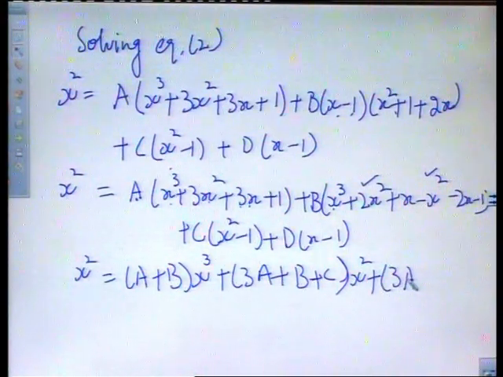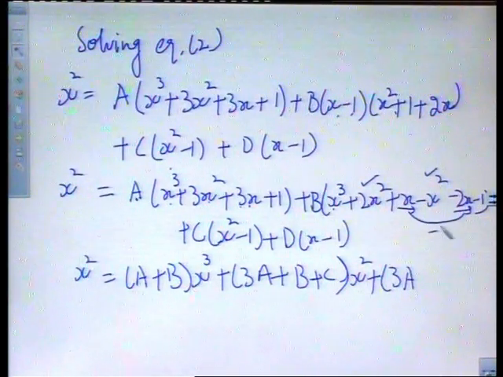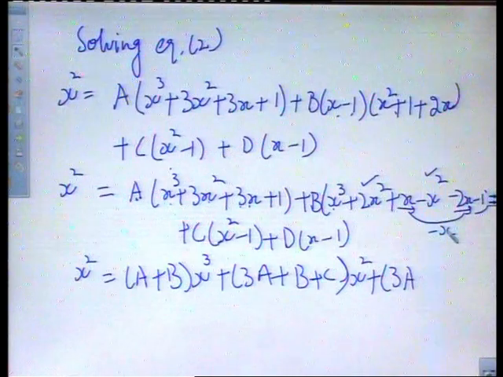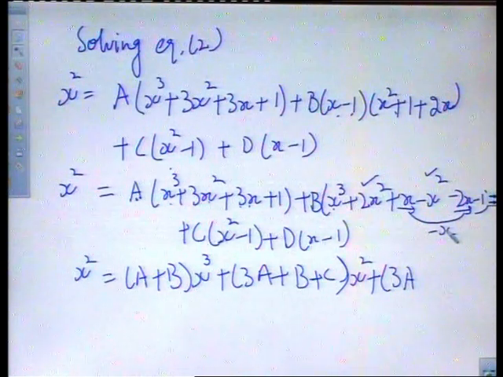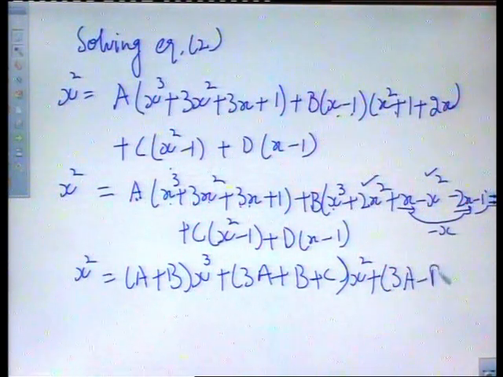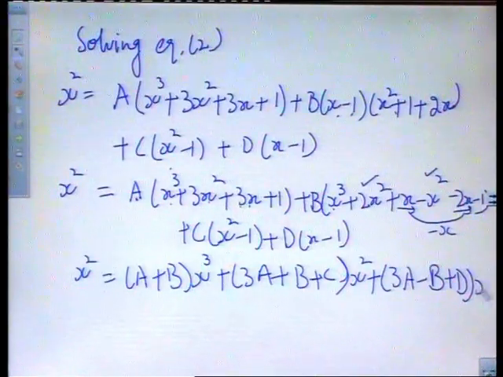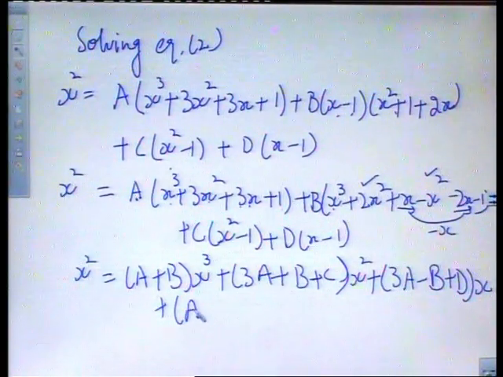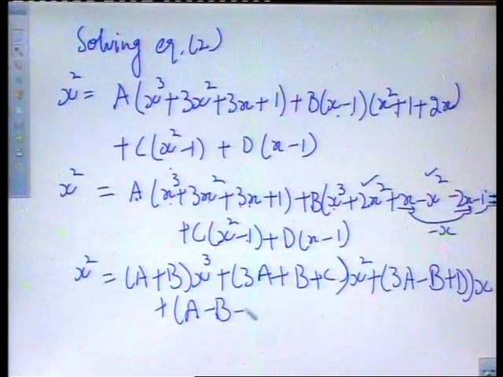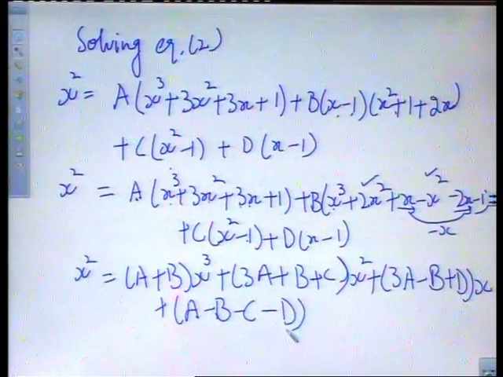Here when we solve the x values, this is x, this is minus 2x. When we solve this, this comes out to be minus x, and the coefficient will become minus B. There is no term of x here, the coefficient of x is D. Now write the constant terms that are A. From here we get minus B, here we have minus C, and here we have minus D.